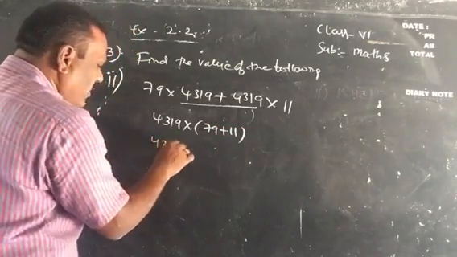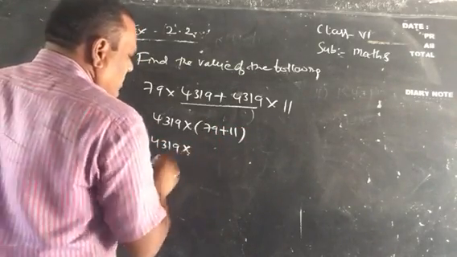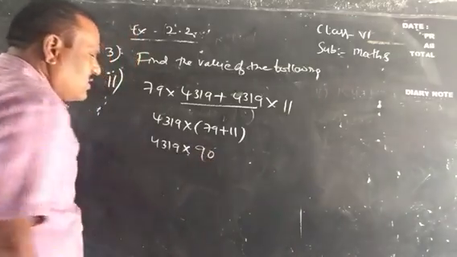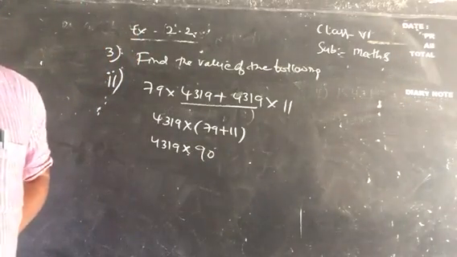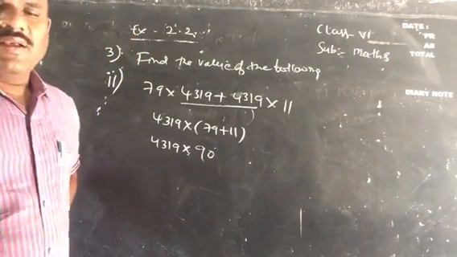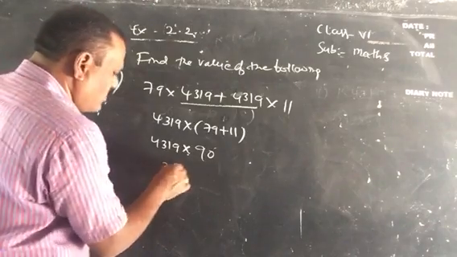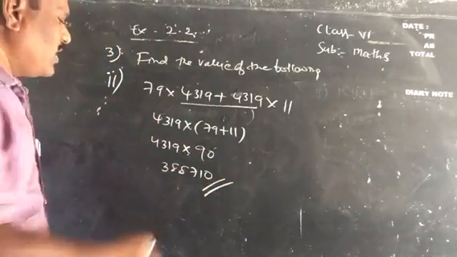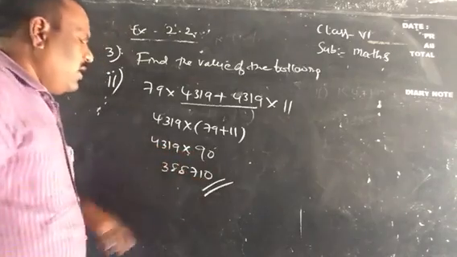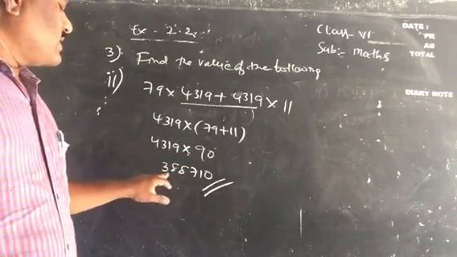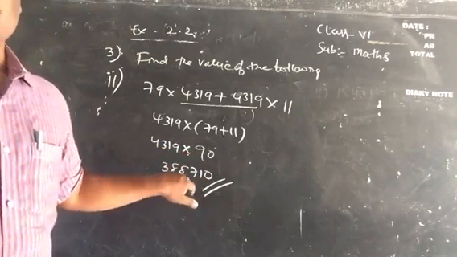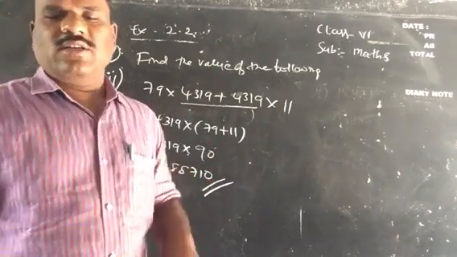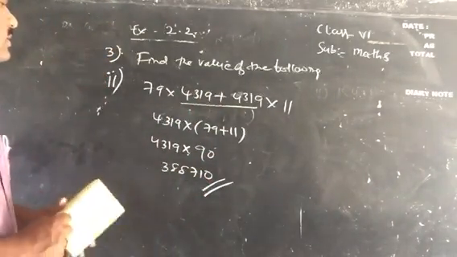So 4319 into how much? 79 plus 11 equals 90. So 388,710. If you multiply 4319 into 90, you will get 388,710. Okay? Understand, children?